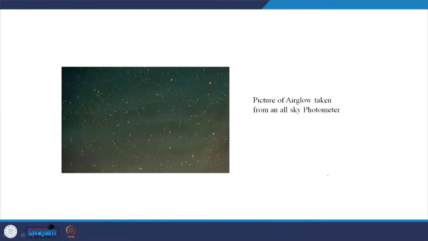So, let us say for example, a picture of airglow looks something like this, where you see faint strips of light in the sky. It is not very prominent, but it is there. The night sky would have been much darker if airglow were not present. You understand?